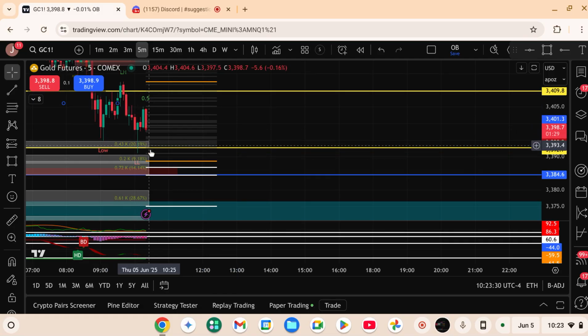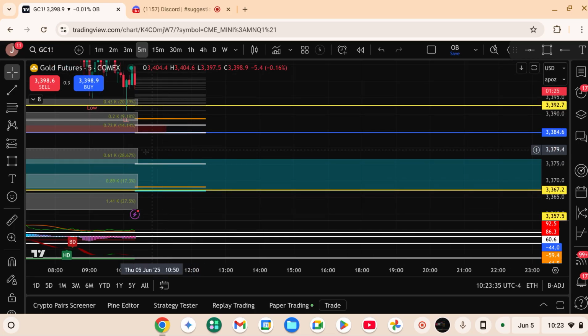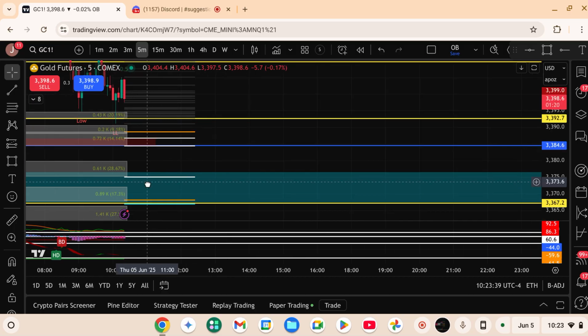It's probably gonna come down here and chop around for a little bit and then eventually take this area out in order for it to move higher.